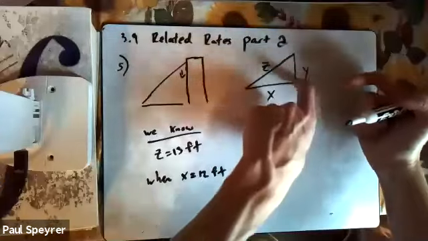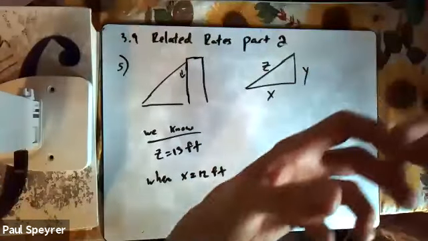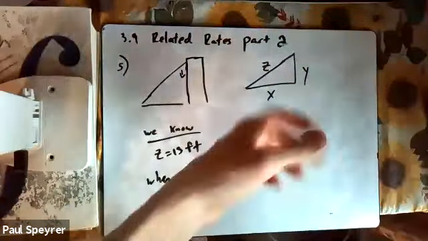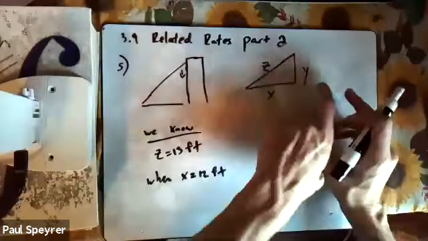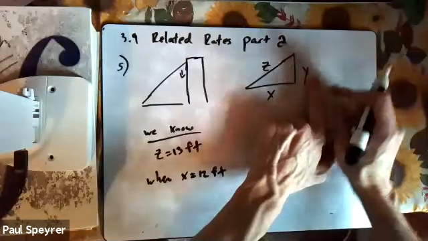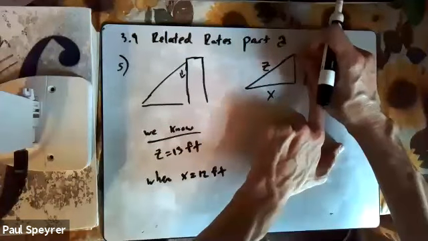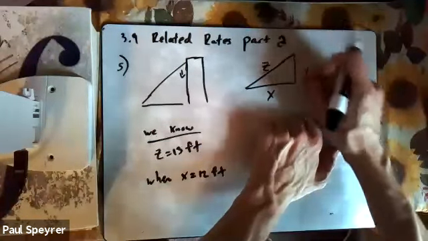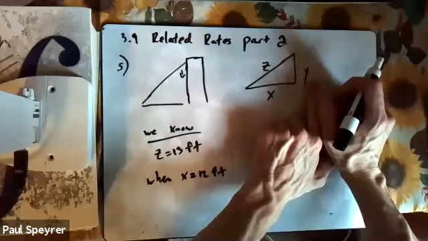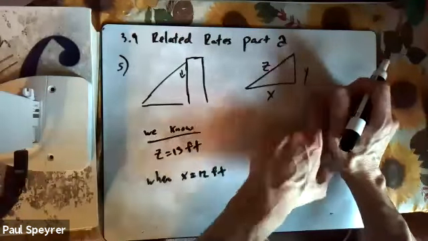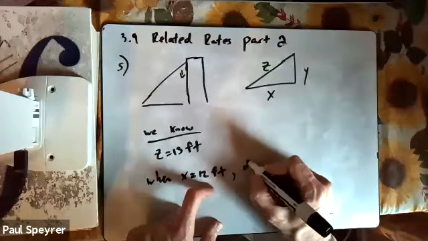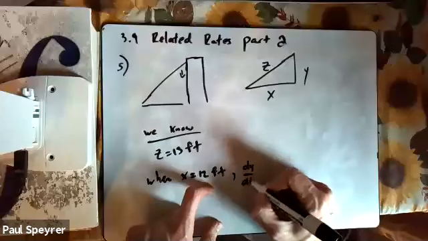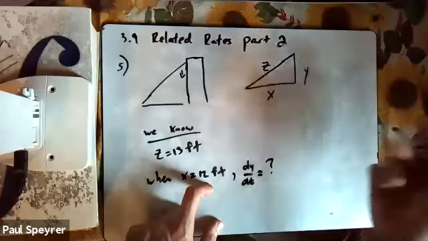Down the wall is the Y. But remember, when you see that phrase, how fast or rate of something, that tells you, oh, that's the derivative of something, right? So since it's asking about how fast is it sliding down the wall, that's the change in Y, or the derivative of Y with respect to time. So when X equals 12 feet, we're looking for dy dt, right? dy dt is equal to the question mark.